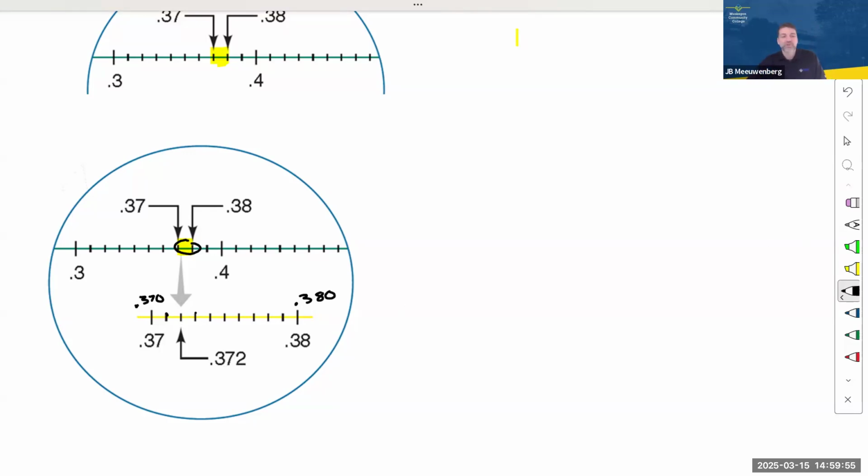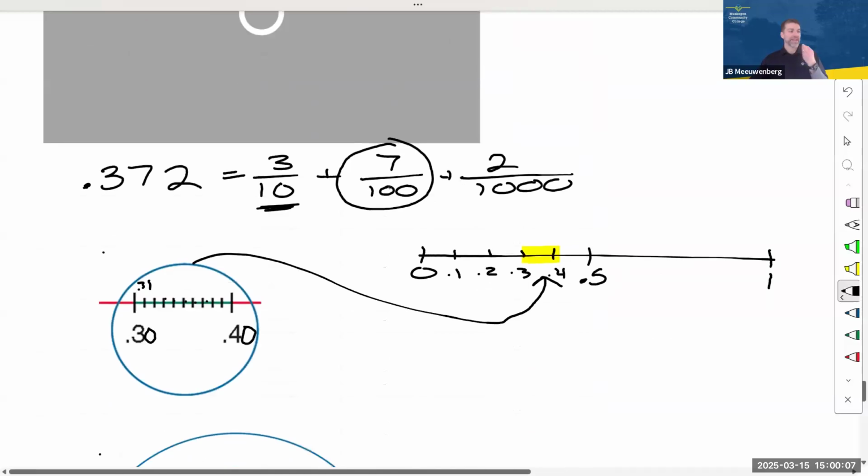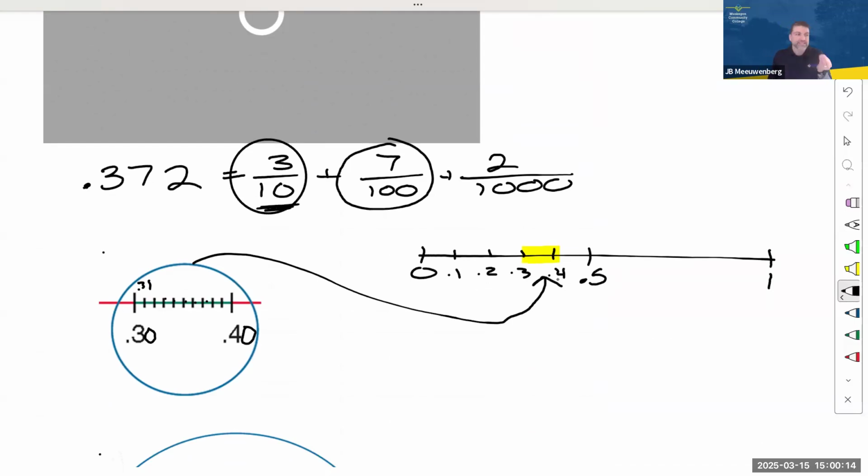And so again, you have to zoom in every time you go into the next place value. Just rewinding a little bit to what we did, we started with our expanded view. We knew that we had to be bigger than 3/10. And then once we had those tenths identified here and here, we zoomed in, and then we had to go to 7 hundredths, which was the seventh indicator between 0.3 and 0.4.